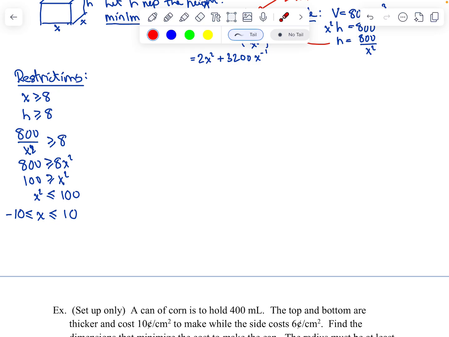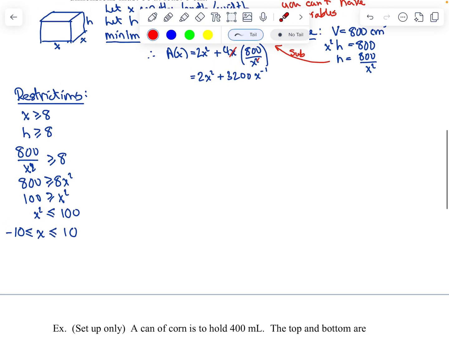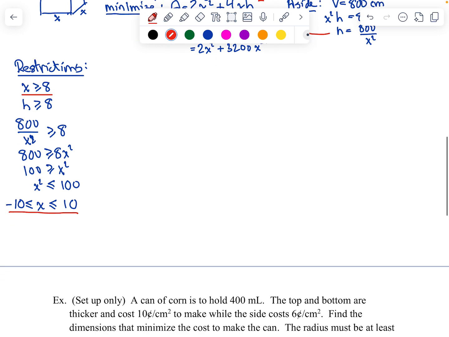So the plus minus is there, but it shows up as an upper and a lower bound. Now, remember, in the end, our goal is we have to combine restrictions as we saw in our last lesson. So I now have this restriction here and I have this restriction here. If we combine those, x has to be greater than or equal to 8. x also has to be somewhere between negative 10 and 10.